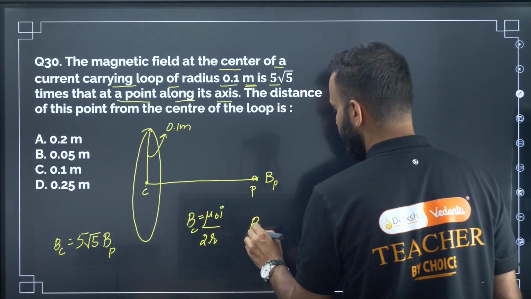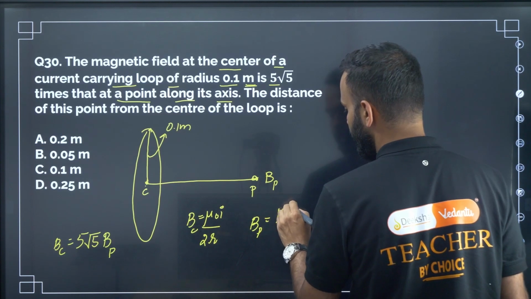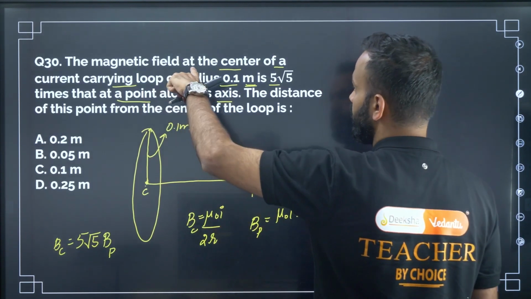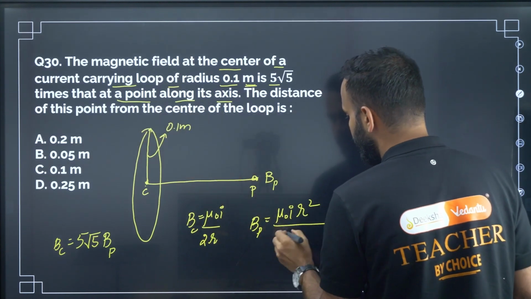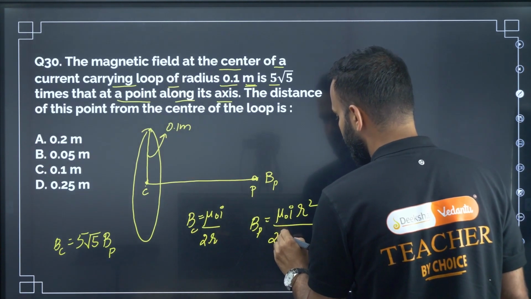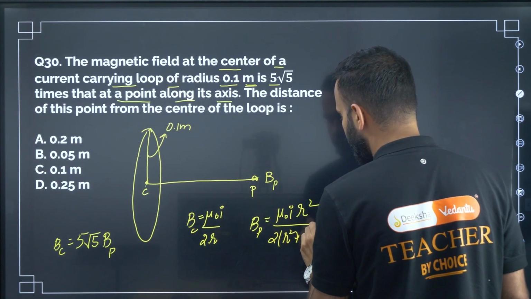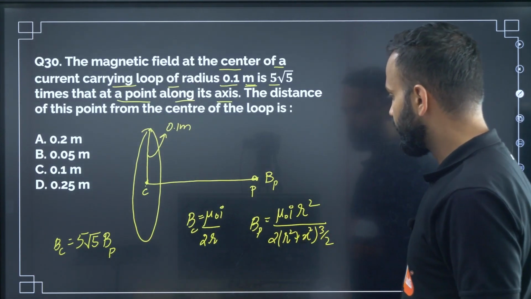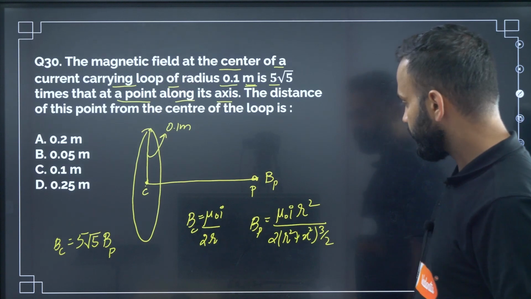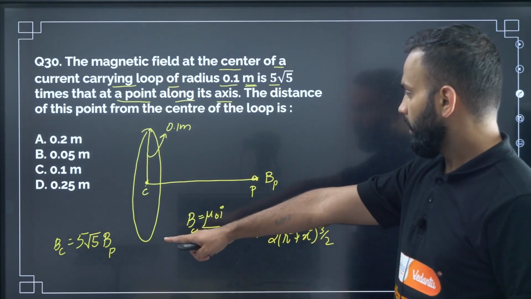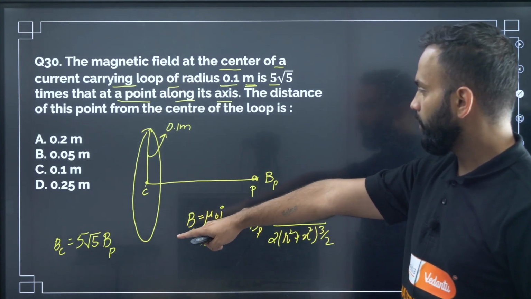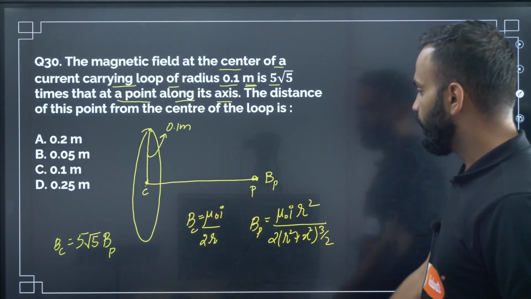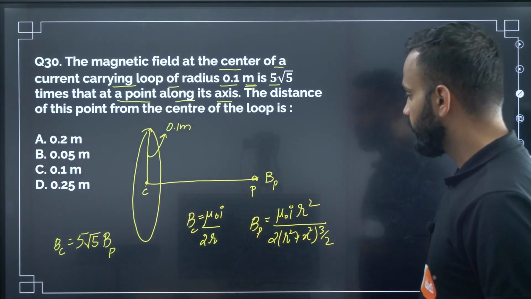Magnetic field at point P is mu naught I R square, where R is the radius of the loop, divided by 2 into (R square plus x square) to the power 3 by 2. Now here BC equals 5 times root 5 times BP, isn't it?